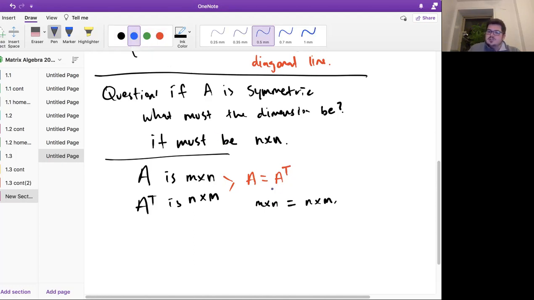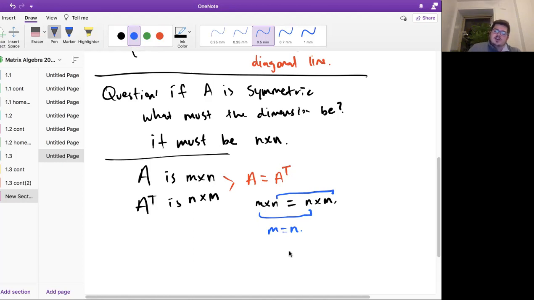The only way that can be true is if m equals n. So symmetric matrices only make sense in terms of square matrices.